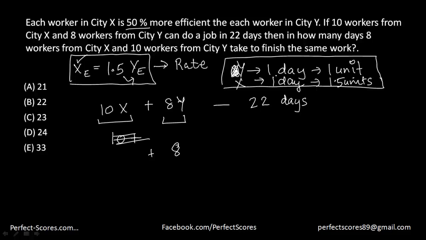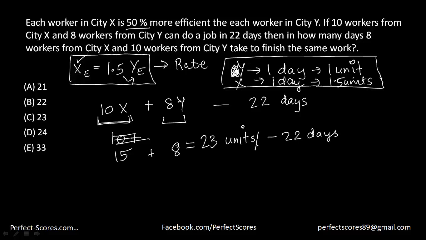So 10 workers of city X every day are going to finish 10 into 1.5, which is 15 units of job. That means every day, 15 plus 8, which is 23 units, are getting finished, in 22 days.